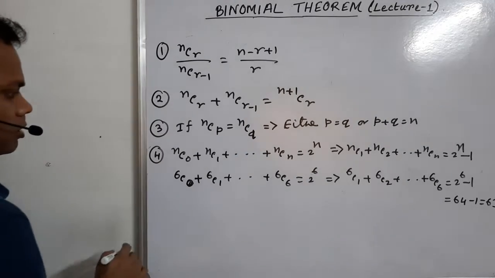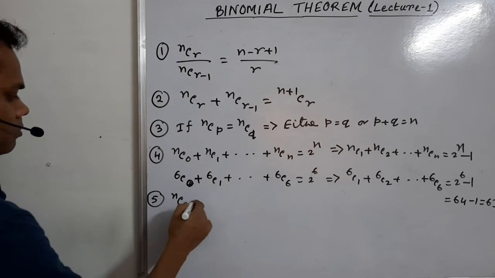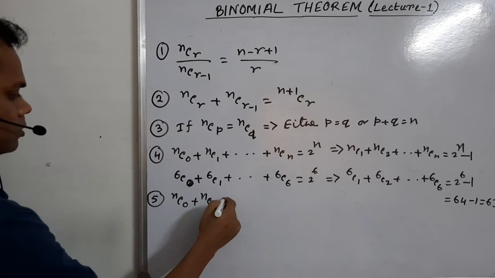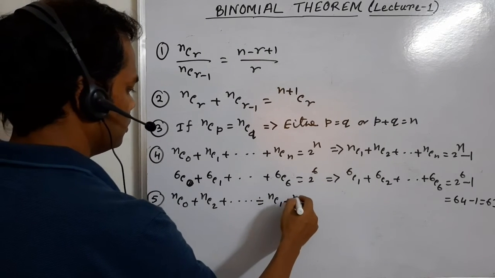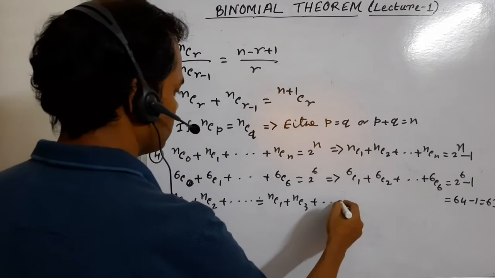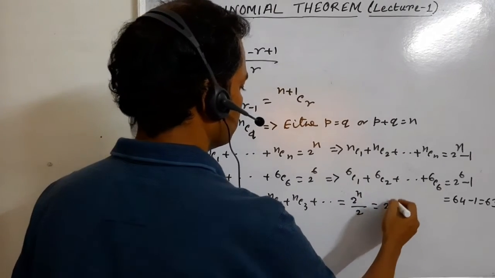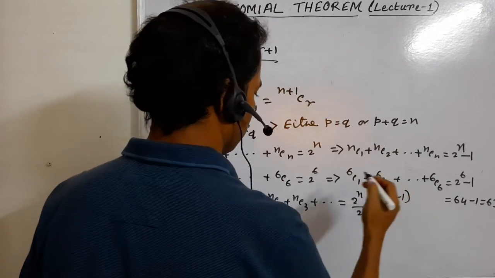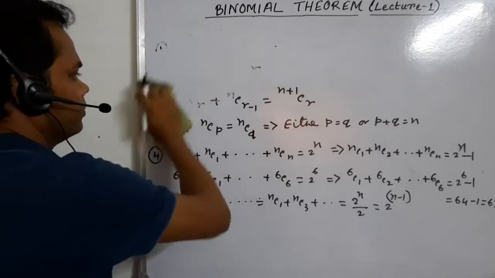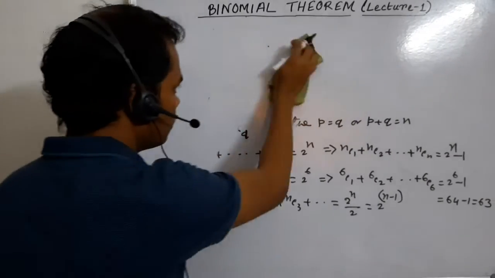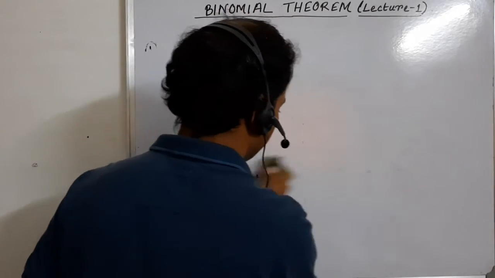Now by this formula, nC0 + nC2 + ... equals nC1 + nC3 + ... equals 2^n by 2, so 2^(n-1). All these formulas we have to use in the binomial theorem to find the expansion.